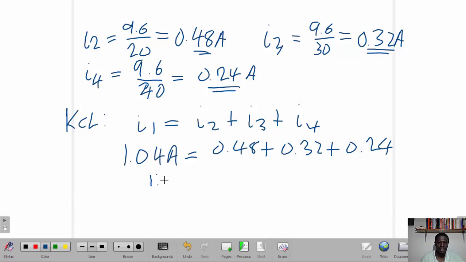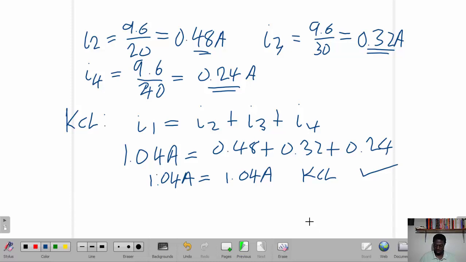When we add, this is 1.04 amps is equal to 1.04 amps. So therefore, we are saying KCL is verified.